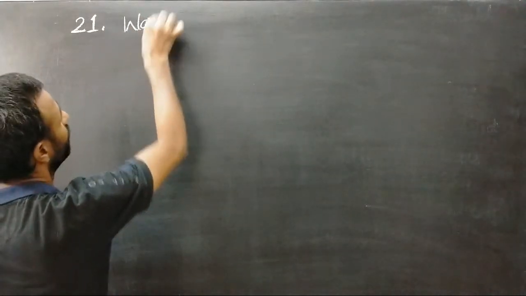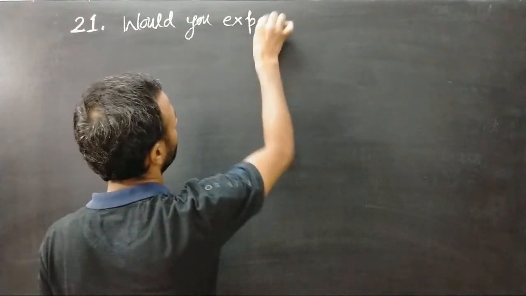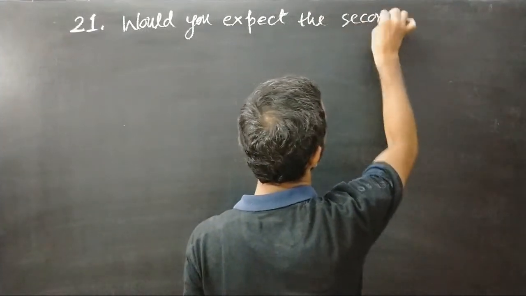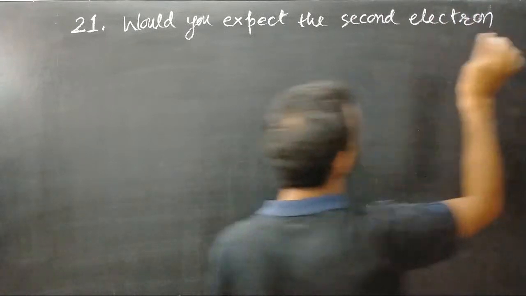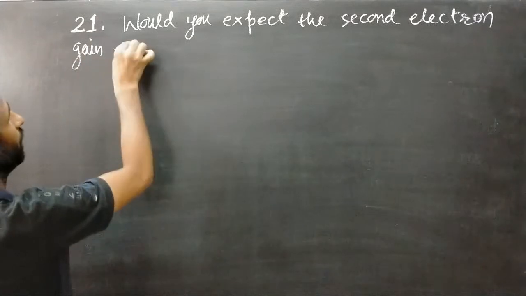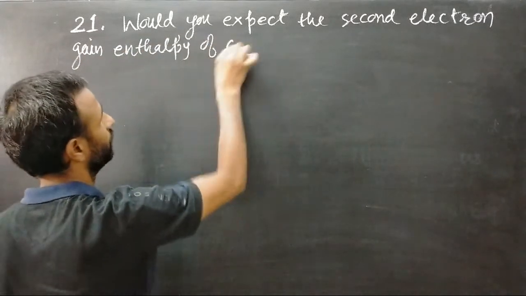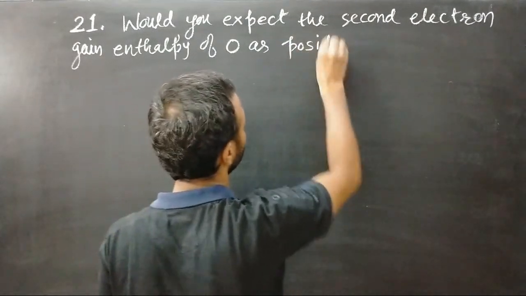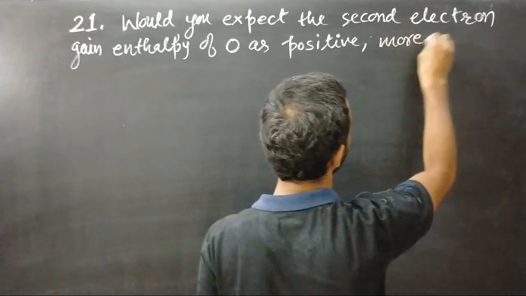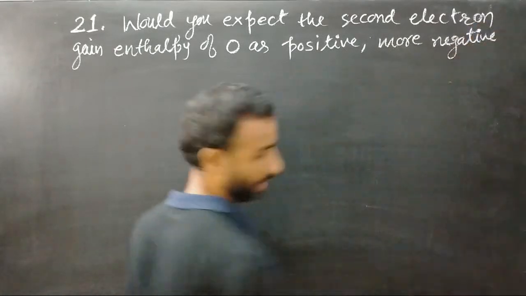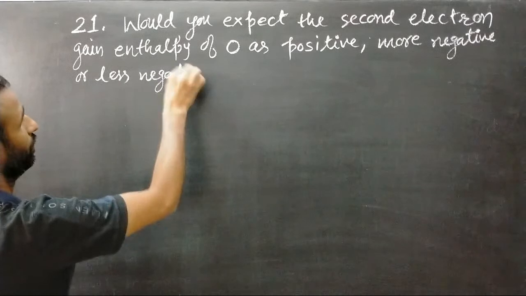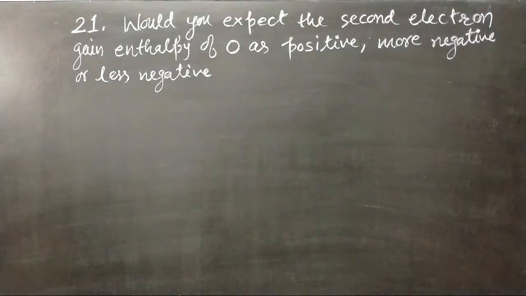The question is, would you expect the second electron gain enthalpy of oxygen as positive, more negative, or less negative than the first?